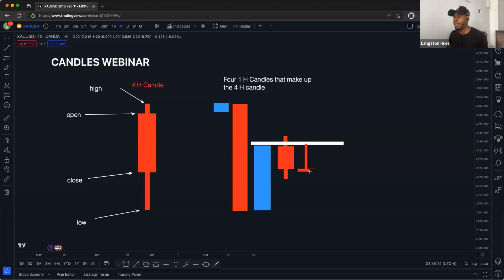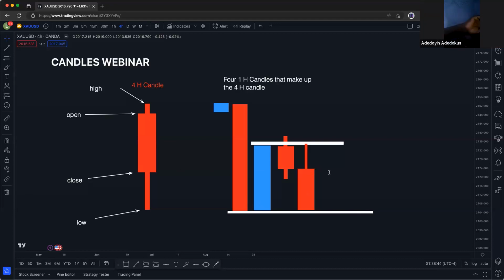And then as it comes down to break these lows right here, we can look to enter that trade to fill the range all the way down to here, where we have this support right down here. And let's say this is a 4-hour candle, so let's say that was maybe a 25 or 30 pip range.